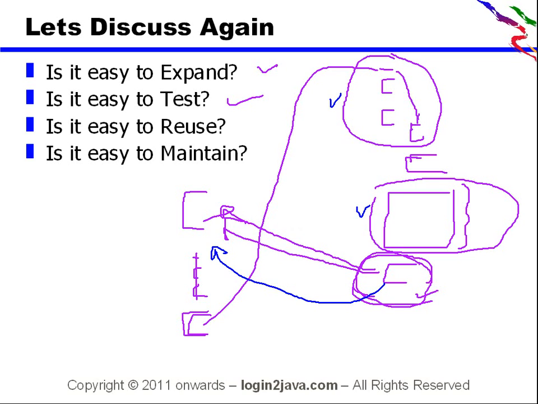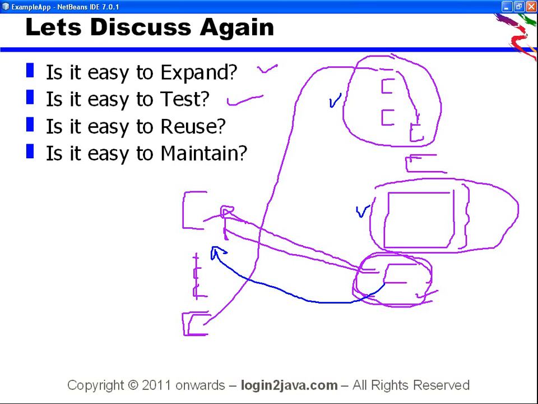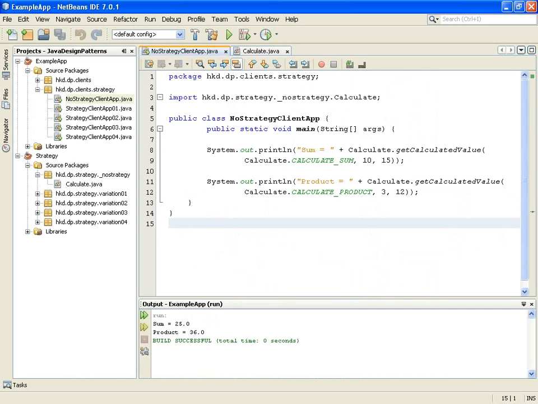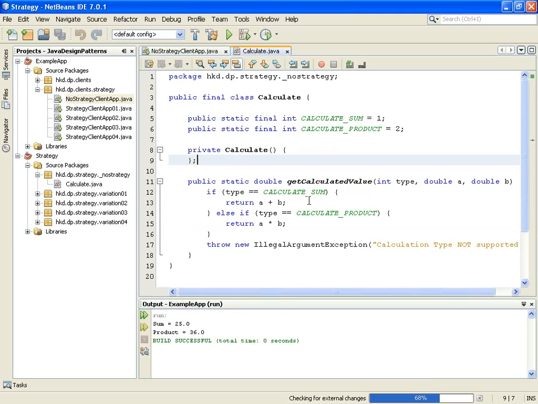So let's see the example working live. Just have a look. This is the no-strategy application client, our original example where we were having a calculate class separately to calculate A and B, and an if-else-if ladder to return the proper value, and we are passing the type of the calculation.